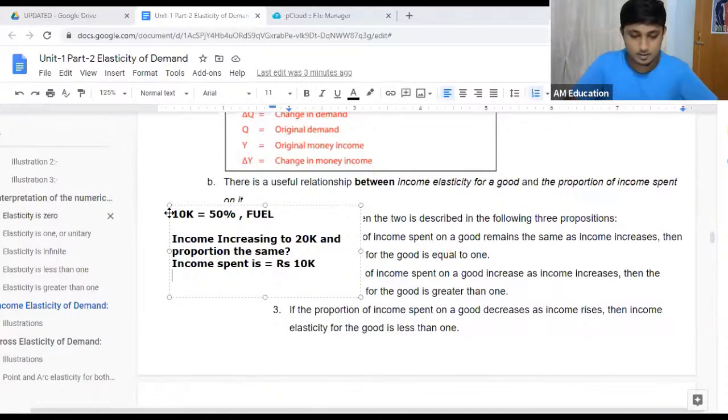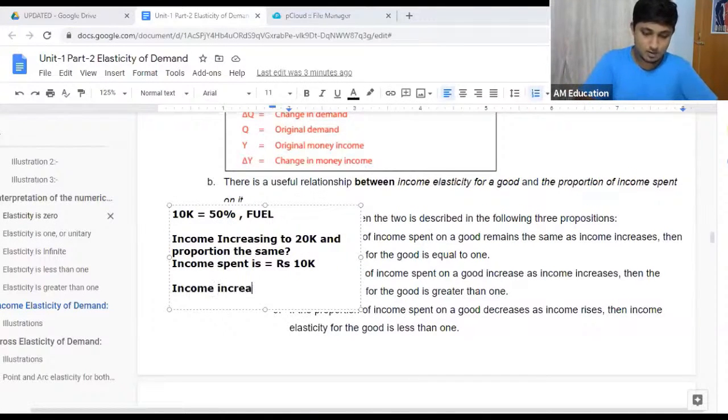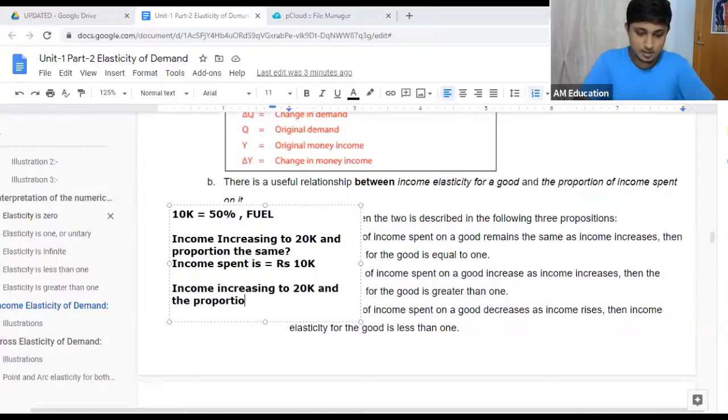Right? Next, income increased from 10,000 to 20,000 only. 20,000 and the proportion became 40%. What is this?